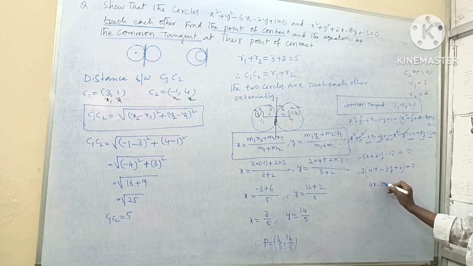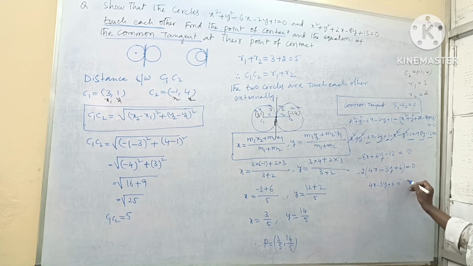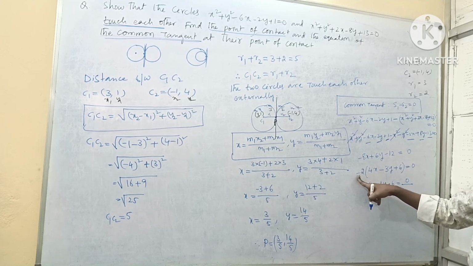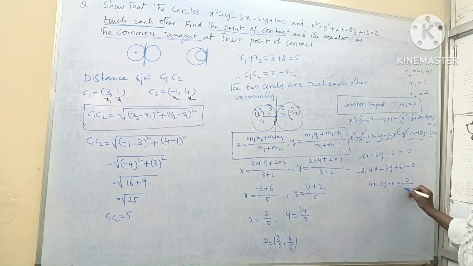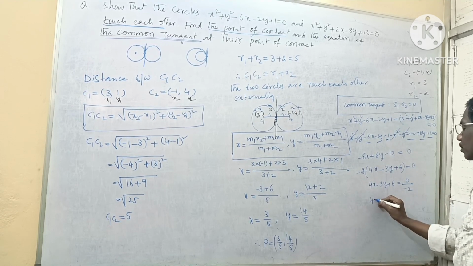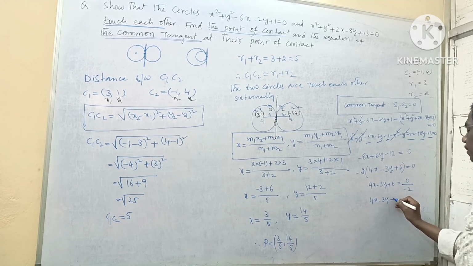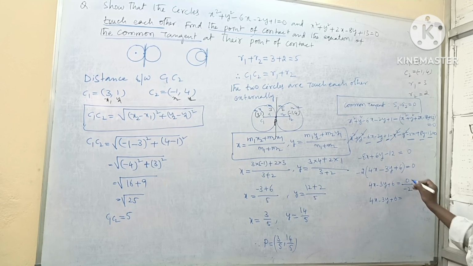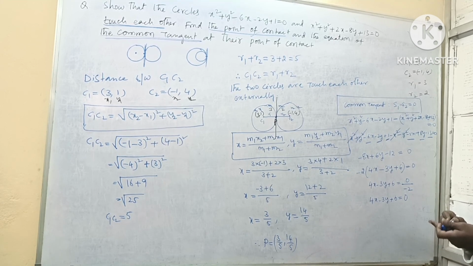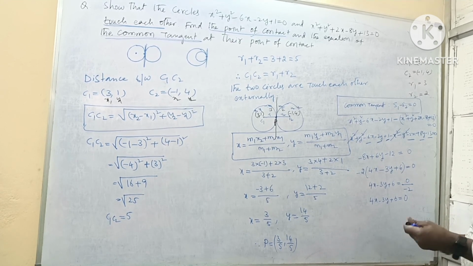So 4x minus 3y plus 6 is equal to 0, by this minus 2 transferred to the right side by minus, anything into 0 is 0. This is the common tangent.